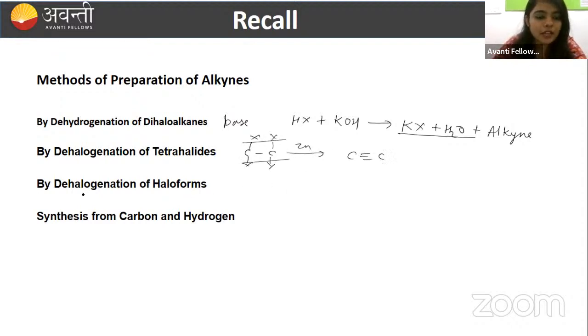Then dehalogenation of haloform. So we have taken CHI3 plus silver, and removed 6 AgI, and the alkyne forms. And then synthesis from carbon and hydrogen. So we have given an electric arc to them and they will form acetylene gas.